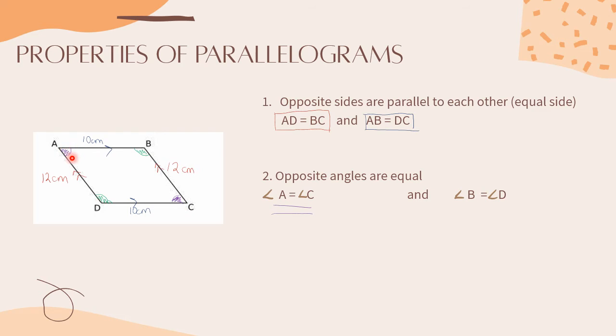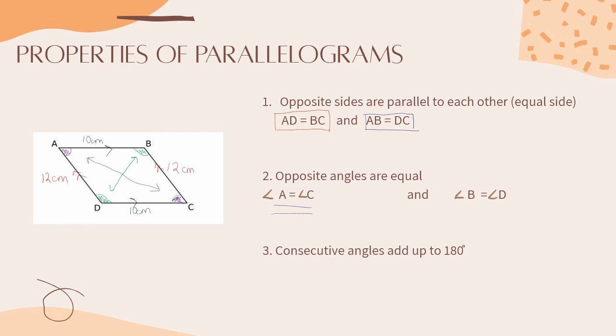The opposite of angle A is angle C. So angle A berdepanan dengan angle C. If angle A is 45 degree, then automatically angle C is 45 degree. If angle B is 110 degree, then angle D is 110 degree. Let me just give an arrow so you know. That's the opposite, so they have equal angles. That's the second property of a parallelogram.